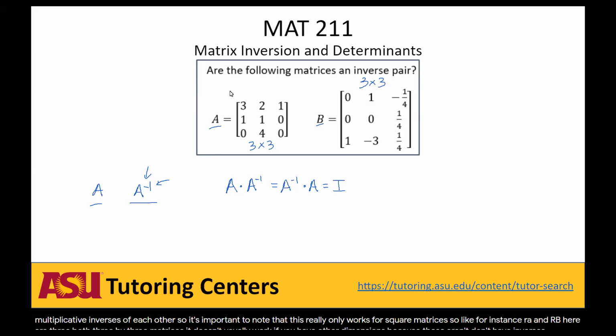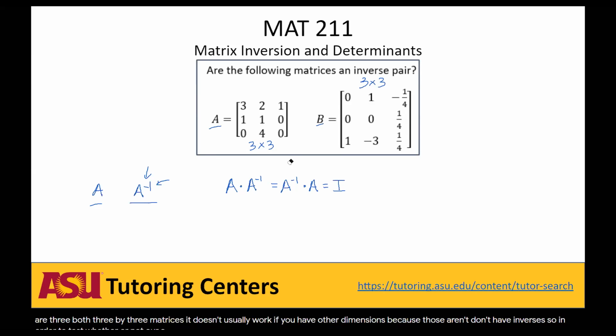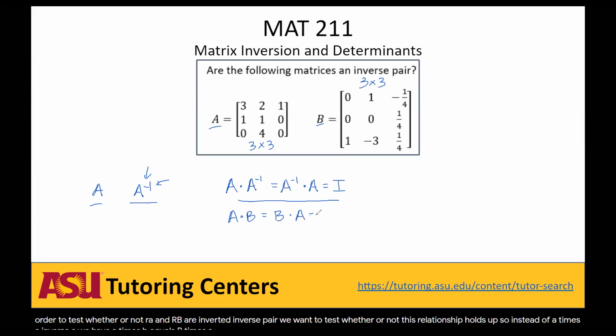So in order to test whether or not our A and our B are an inverse pair, we want to test whether this relationship holds up. Instead of A times inverse A, we have A times B equals B times A equals I. If this is true, then A and B are an inverse pair. So let's start by testing A times B.